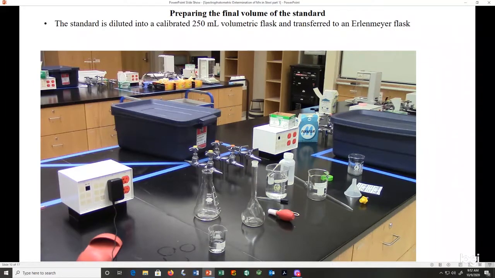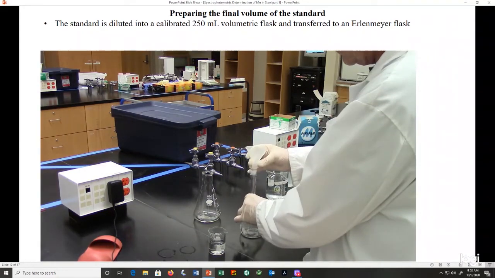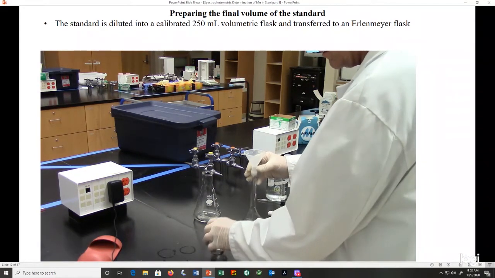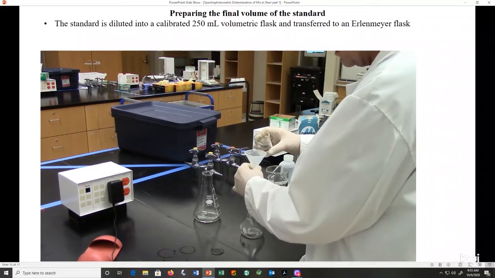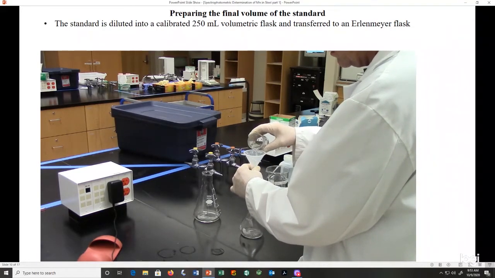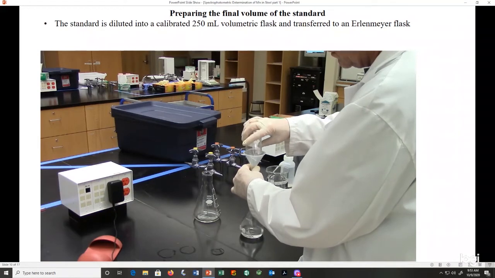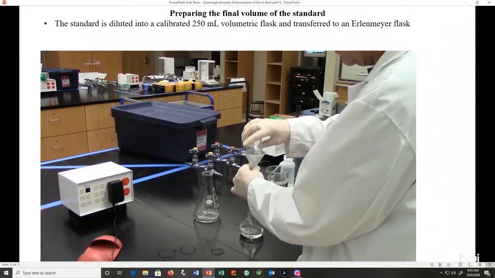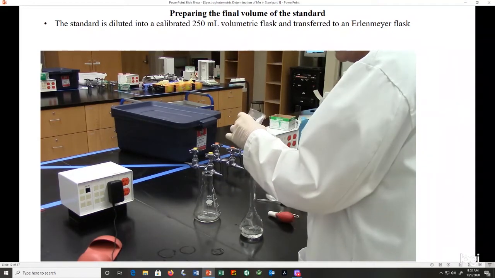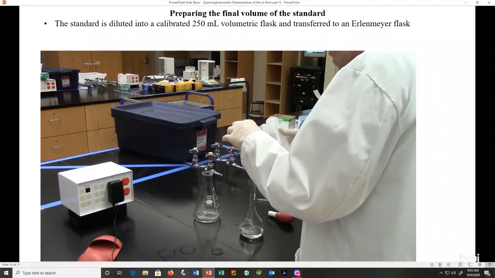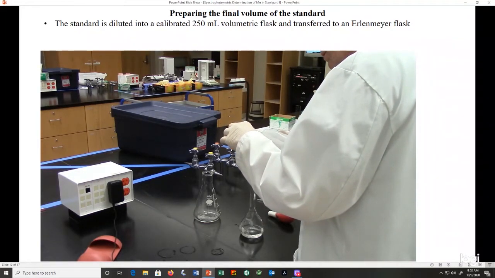So now we're going to start preparing the final volume of the standard. The standard is diluted into a 250 ml calibrated volumetric flask and then transferred to an Erlenmeyer flask. We're going to want to rinse this beaker out a couple times with DI water to make sure that we get a quantitative transfer of our standard.